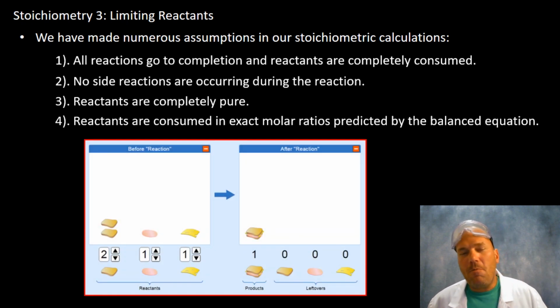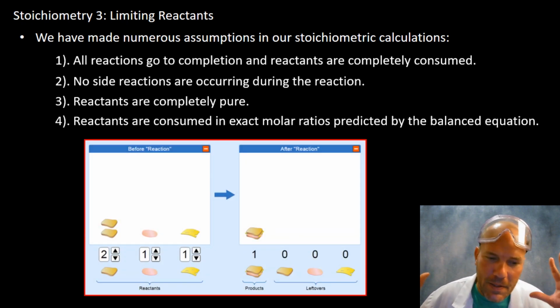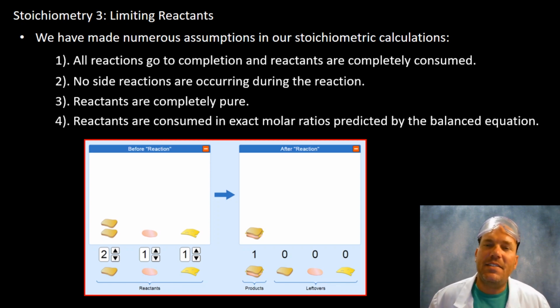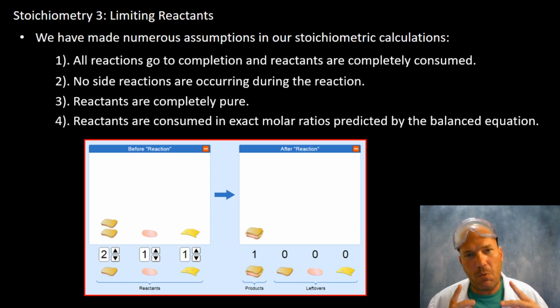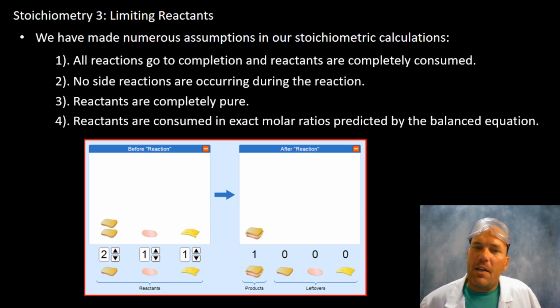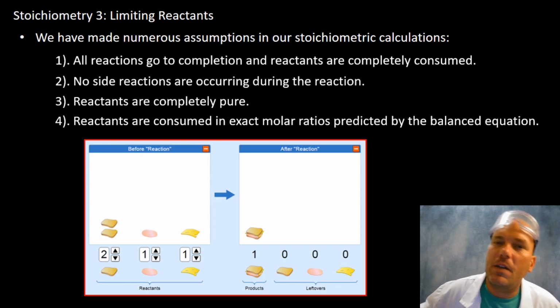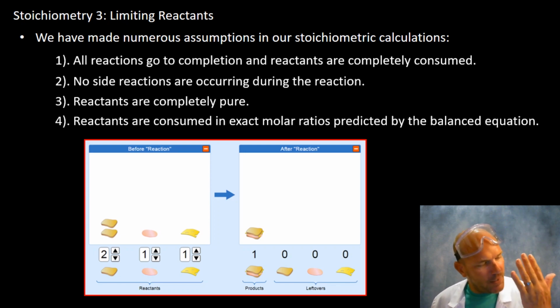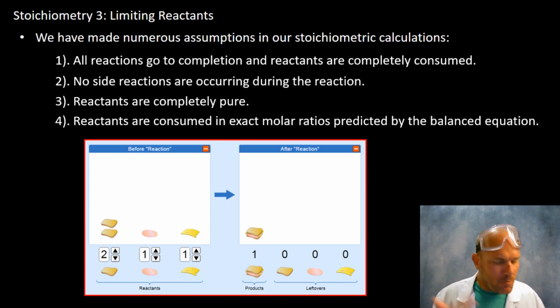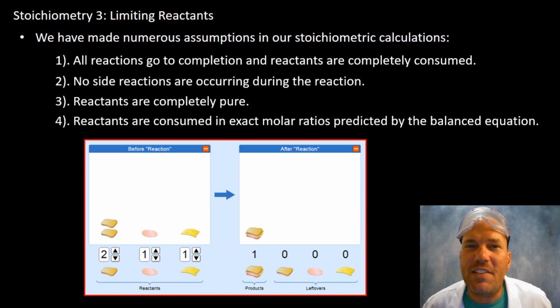So I want to go back to this PhET simulation example that I discussed in Stoic Podcast 1. And let's take a look at our sandwich again. Remember this 2 to 1 to 1 to 1 ratio. I need those 2 slices of bread, 1 slice of meat, 1 slice of cheese to make 1 delicious sandwich.